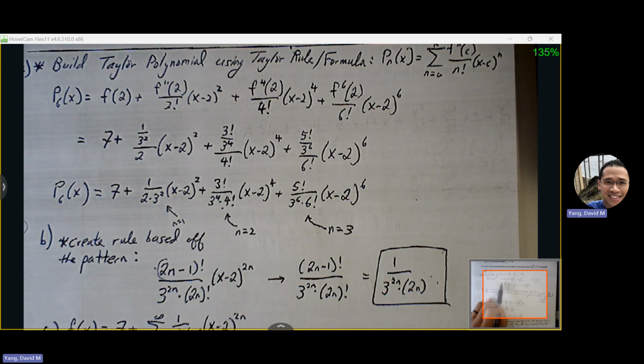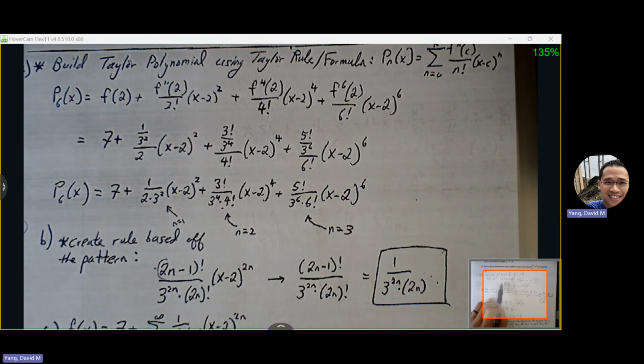And then part B says write... we have to kind of create a general rule.